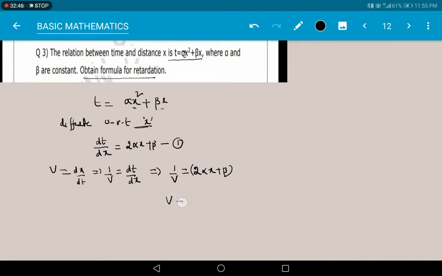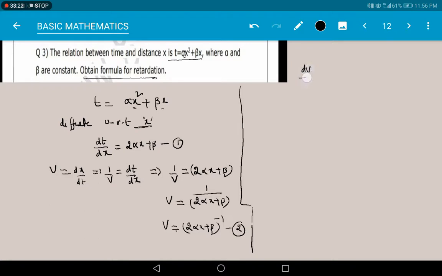Therefore v equals 1 upon 2 alpha x plus beta, that is v equals (2 alpha x plus beta) power minus 1. Now I have the velocity function. If I differentiate this velocity function with respect to time, I am going to get acceleration. Let us do that.